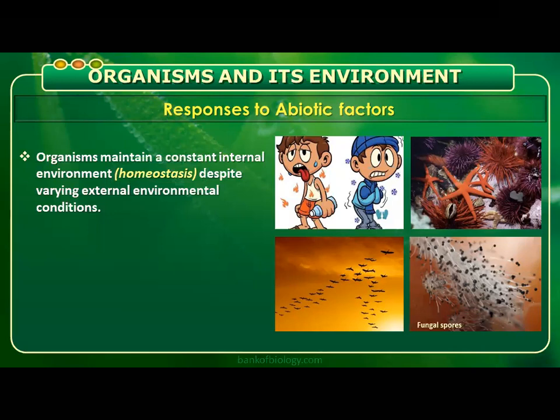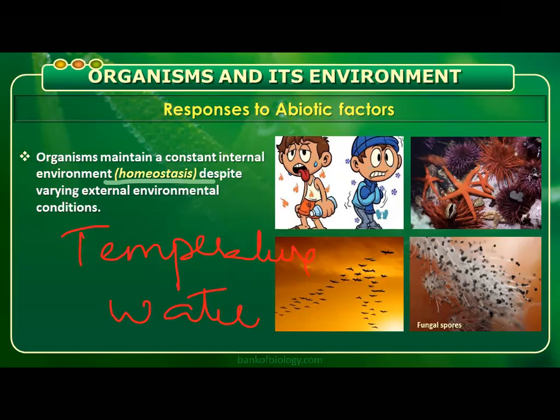This constant internal environment can be discussed in various aspects, with respect to temperature and with respect to water. If an organism can maintain the temperature balance, and if the organism can maintain the water balance, which we call osmoregulation, that is maintaining homeostasis.